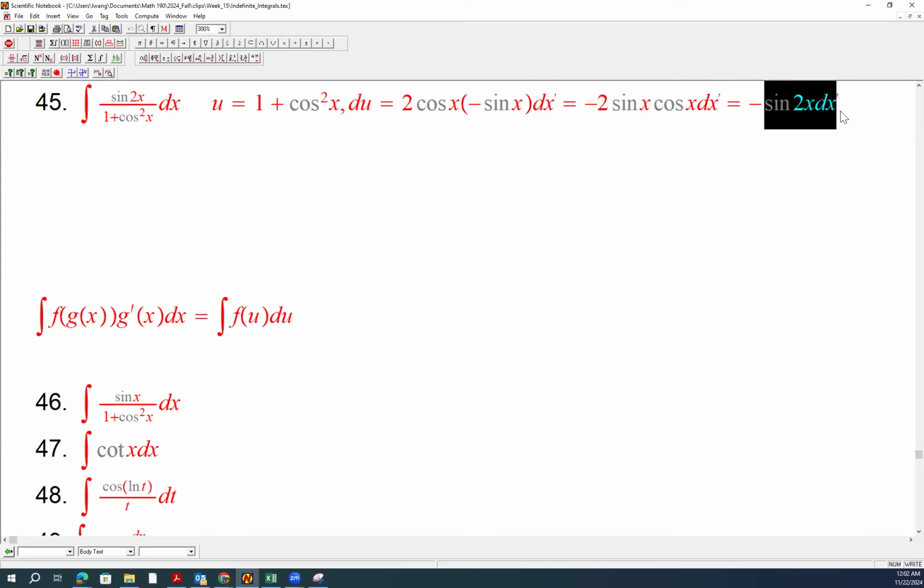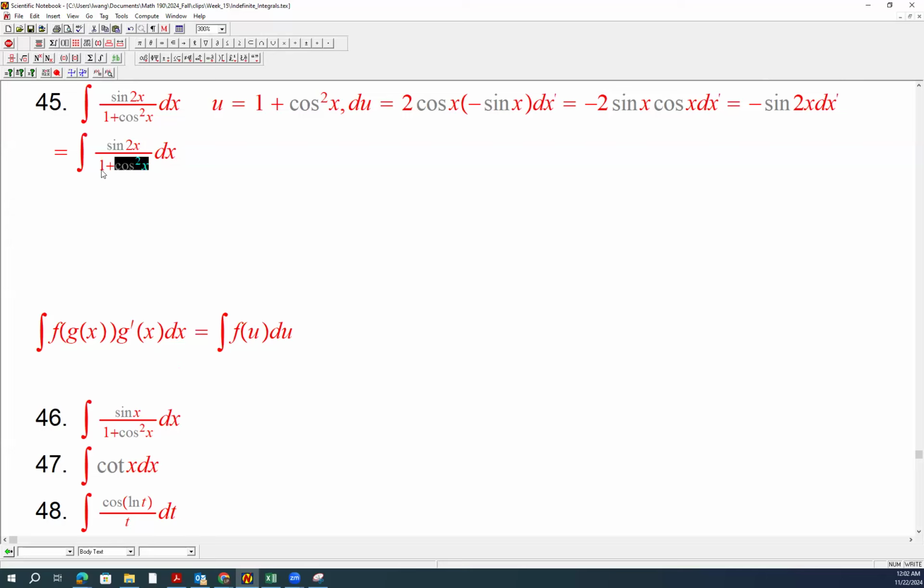So sine 2x, right? We got that substitution part. So this is our u, and sine 2x dx is a negative du.